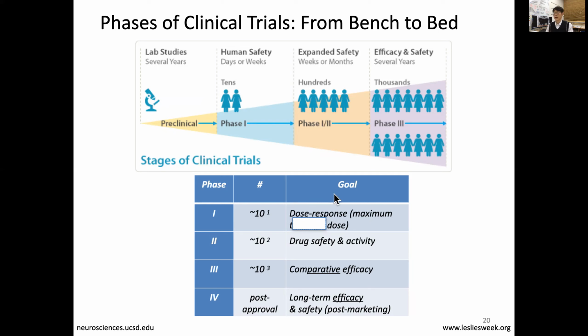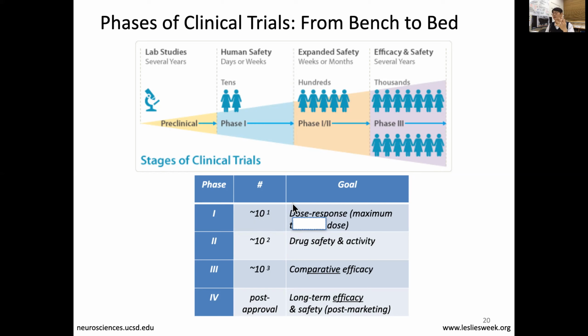So here I have a small table which roughly explains these phases. For phase 1, the number of patients involved is on the order of 10, less than 100 people.